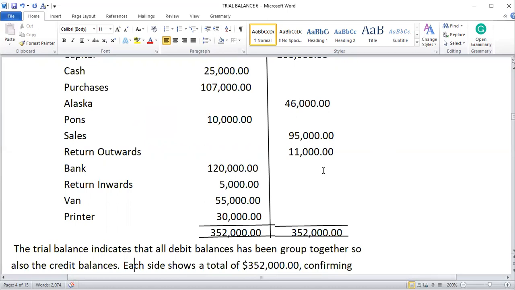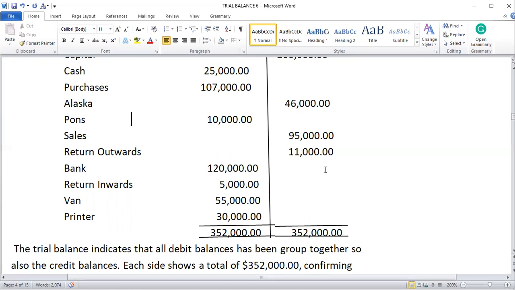You write it. Under details, you write the particular ledger name. This is cash, is it a debit balance or credit balance? If it's a debit balance, then you write the amount. You go to the next one. Is it a credit balance or debit? And after that, you use the summary that you've done to prepare your trial balance.